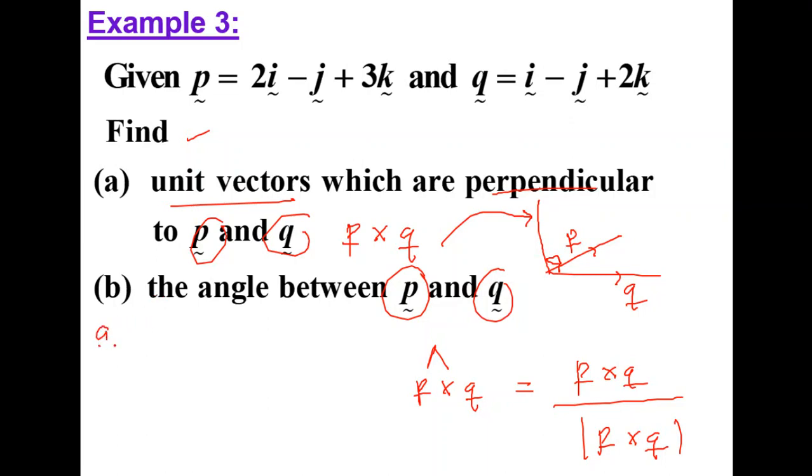You can use vector A dot vector B equals modulus A times modulus B cos theta, or change to P, Q, cos theta.